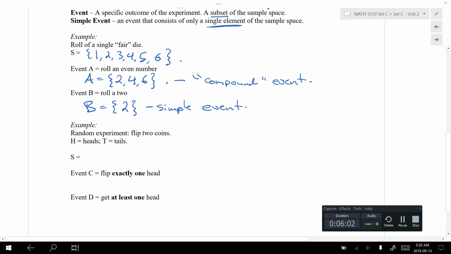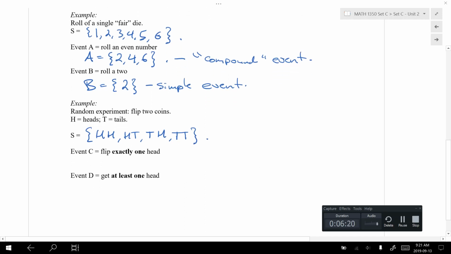Okay, so let's do a couple more examples here. So we can bring back our flipping of 2 coins example here, where we said the sample space looks like this. We could consider the event C, flipping exactly 1 head.